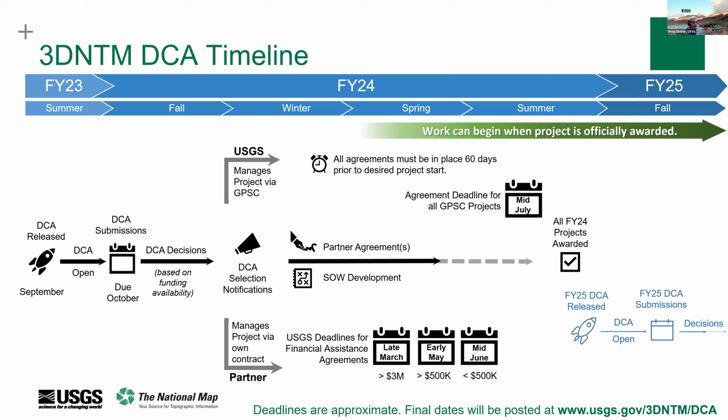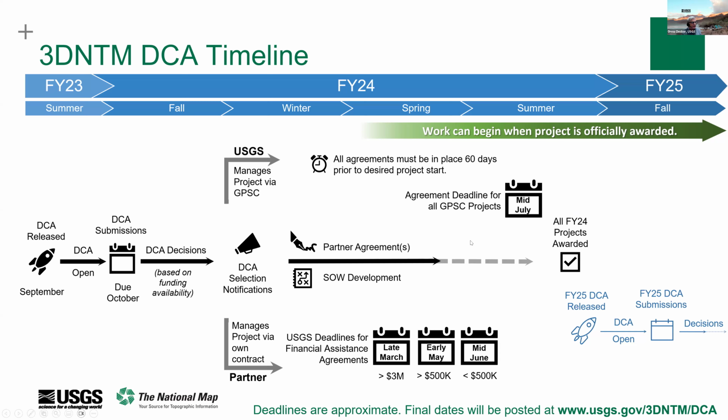And you can see here, with my cursor, USGS manages the project for GPSC, then partners would provide money to USGS. We would do the work of program management. Or if we have a cooperative agreement, the partner manages it and funding comes to them from USGS.